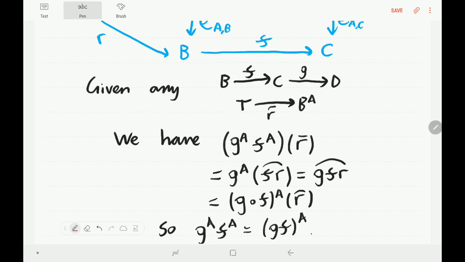Because if you have two arrows A and B, and for any x you always get Ax equals Bx, well, that means A and B have to be the same.